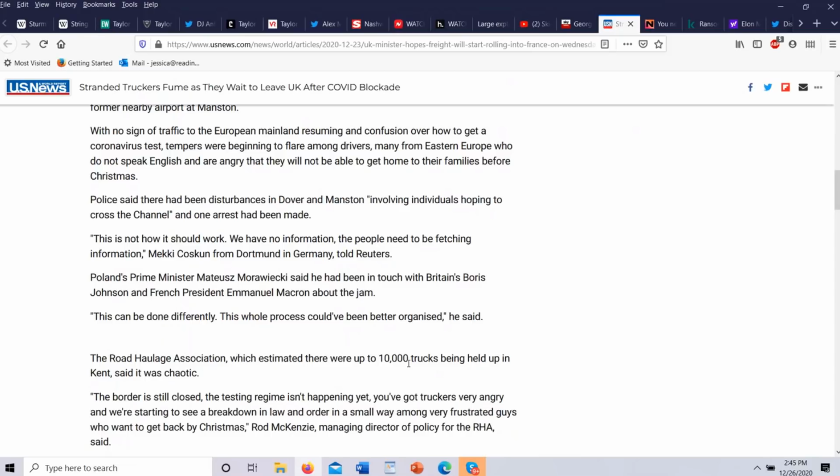This is at least 10,000 people, because sometimes the road is so long that one trucker can't hold it, so there are two or three of them in total.